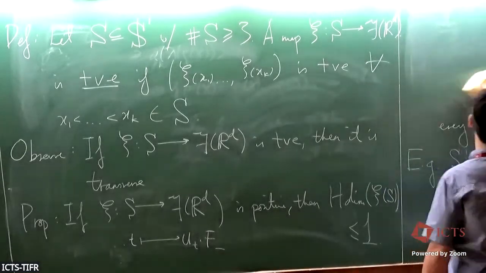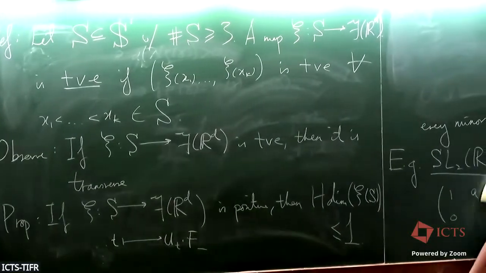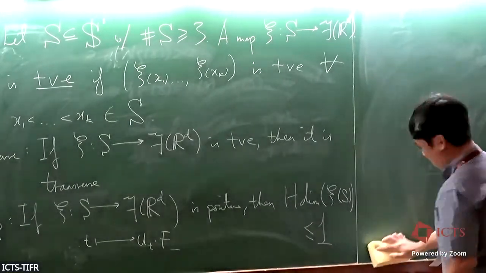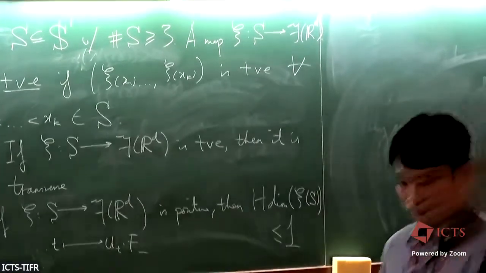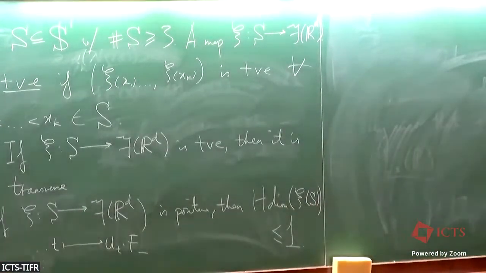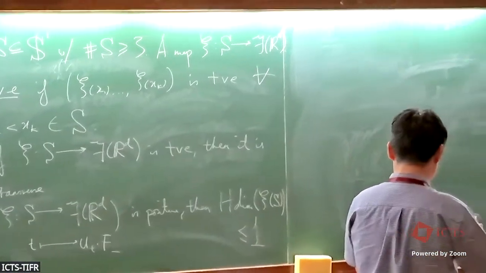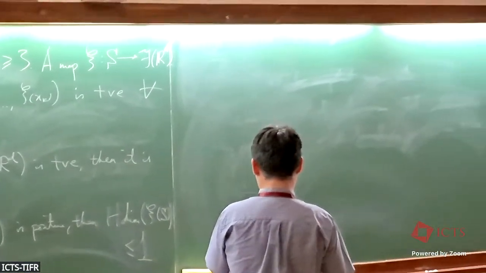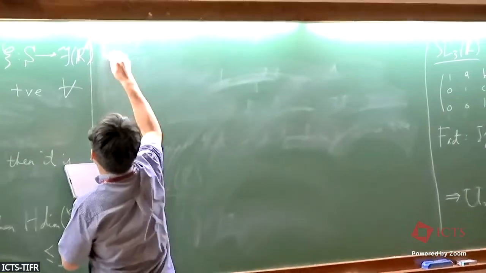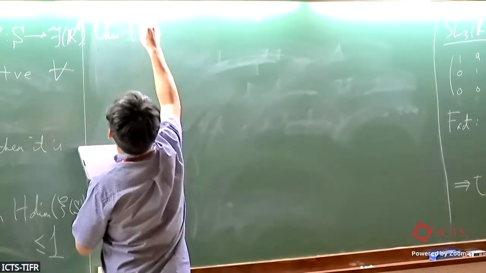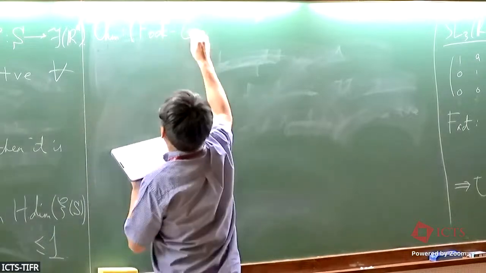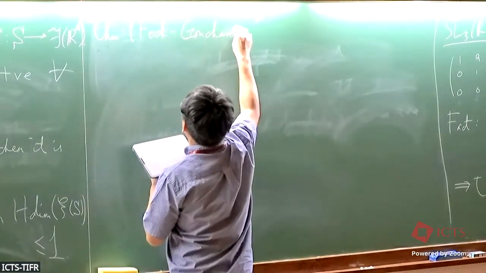Okay, so far there's no groups, but now I'm going to bring in the groups. So maybe I should state this theorem of Fock and Goncharov that I mentioned last time, but I didn't state.